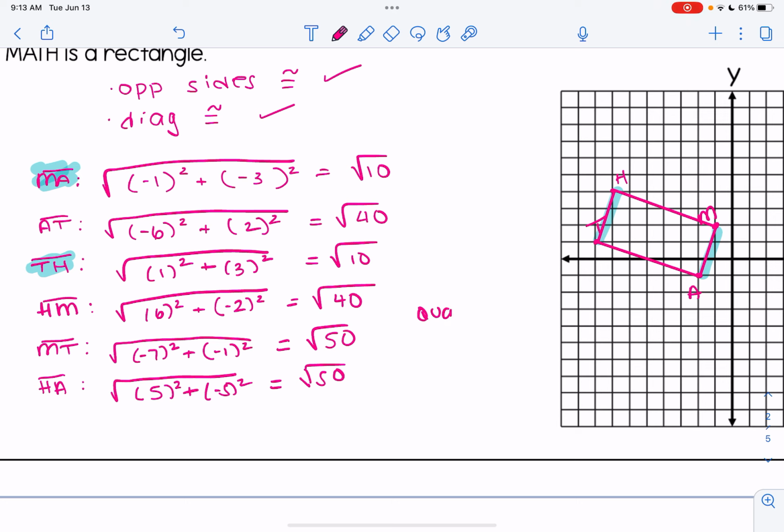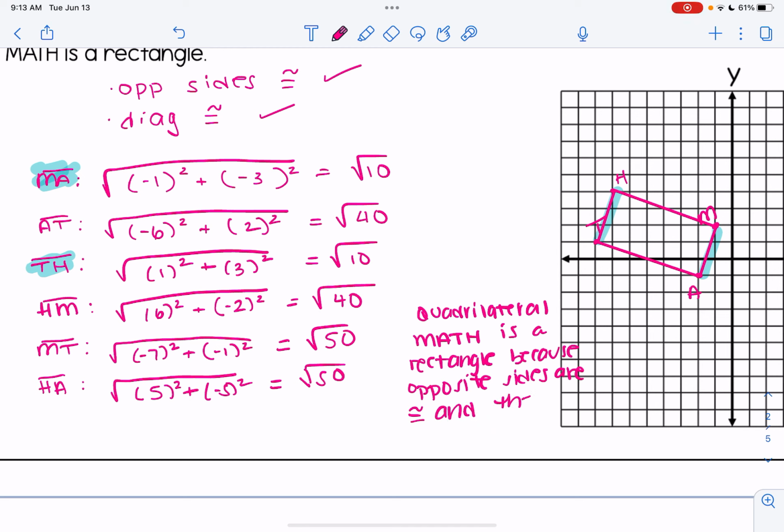So I'm going to say quadrilateral MATH is a rectangle because opposite sides are congruent and the diagonals are congruent. And that would conclude our coordinate proof, and we have successfully shown that MATH is in fact a rectangle.